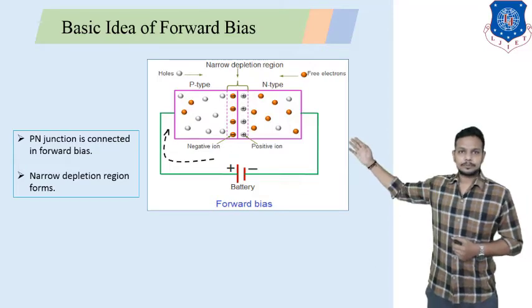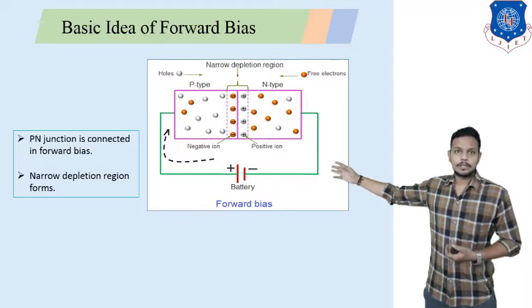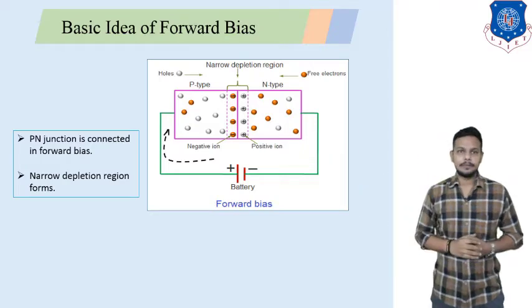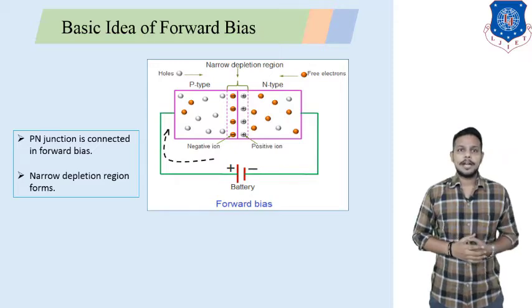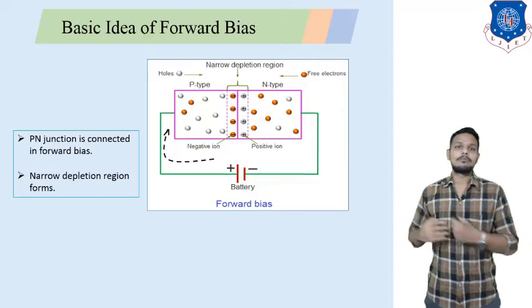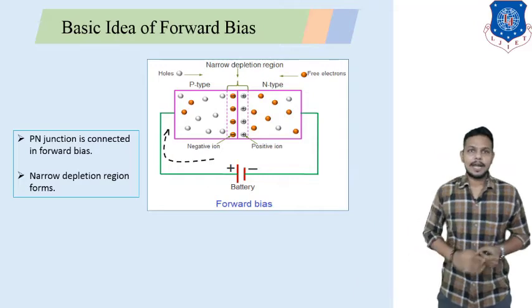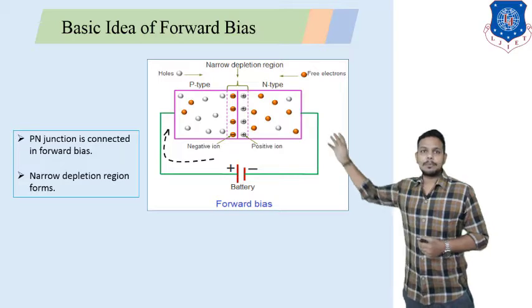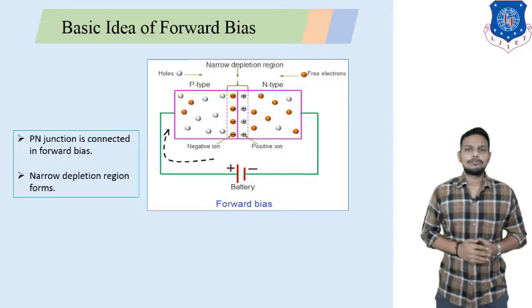When we apply voltage gradually, electrons pull themselves towards the p-type material. The depletion region becomes narrower, and with increasing voltage it collapses and all electrons can travel from the n-type material to the p-type material. This is the basic idea of forward bias.